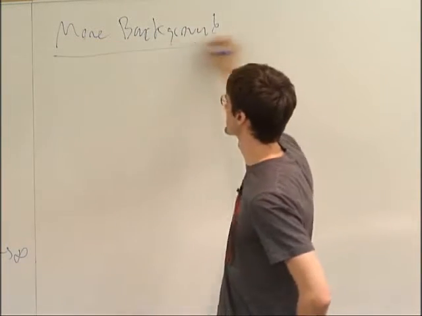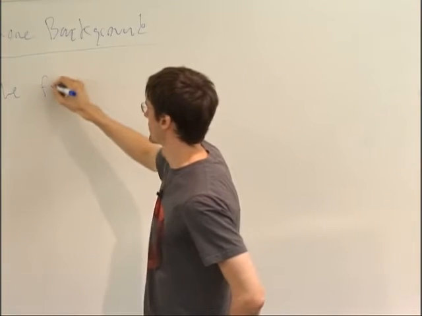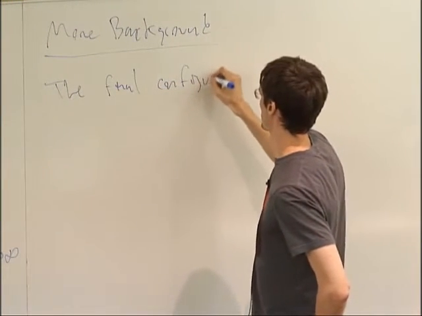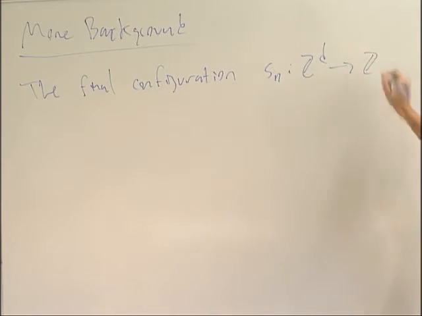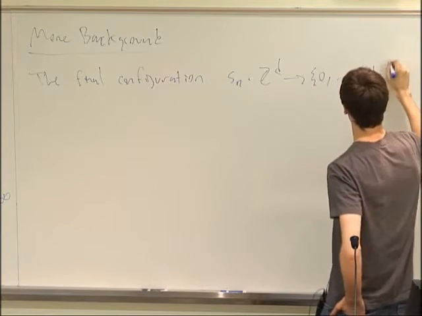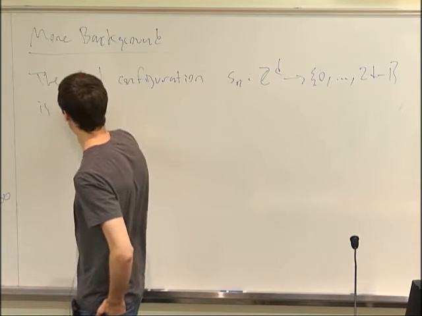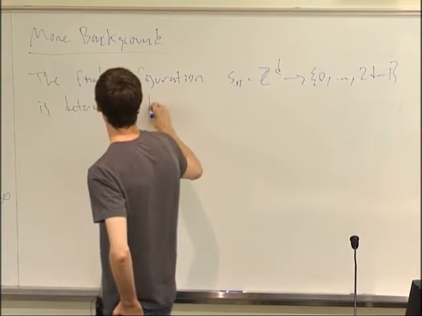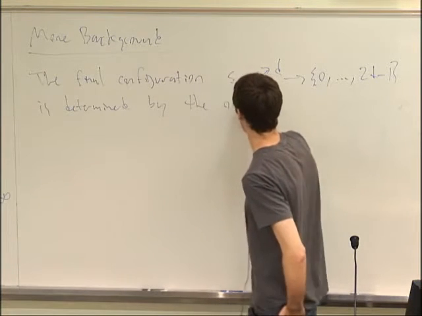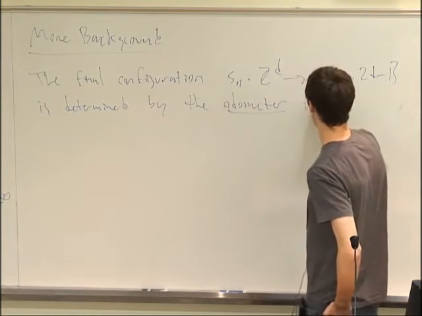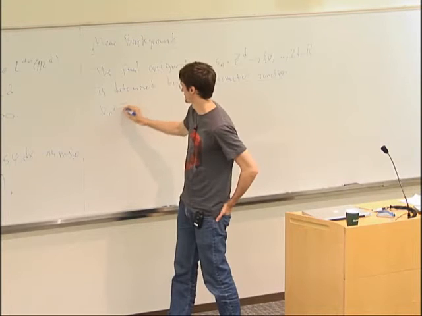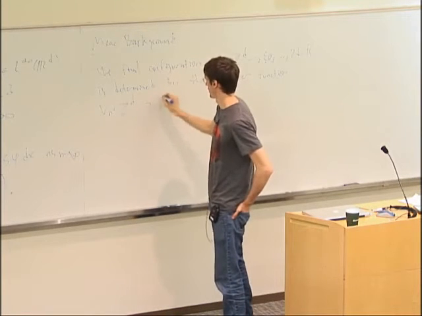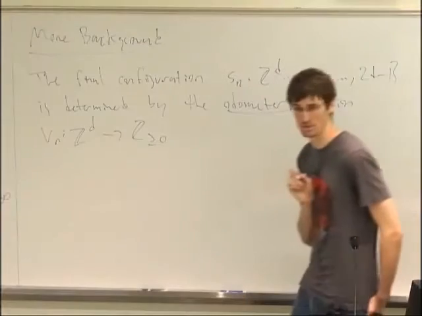Okay, so I want to just mention some more background before giving the proof. The final configuration, S_n, from Z^d into, well, not into Z, but into the interval, is determined by the odometer function, V_n. This is a map from Z^d into the non-negative integers.